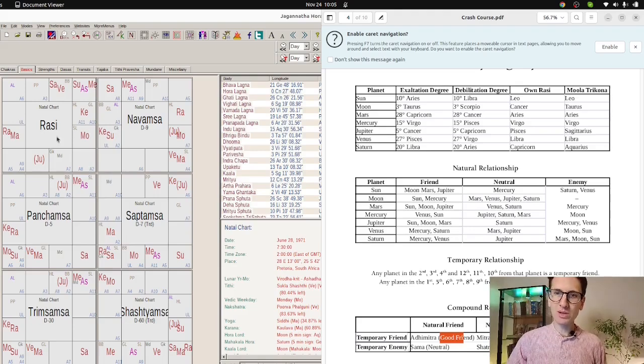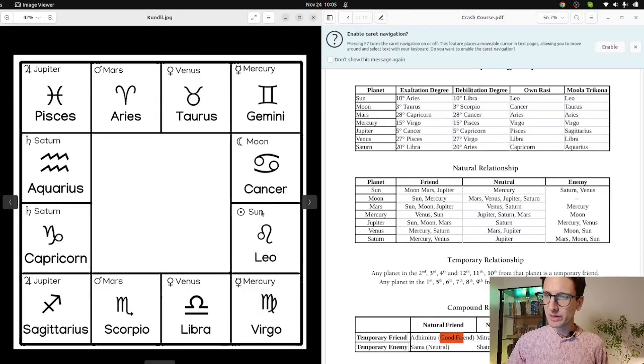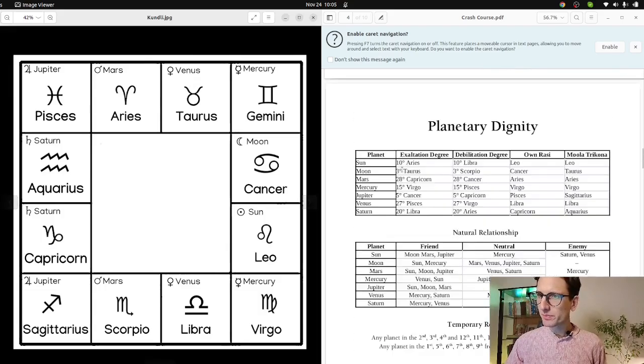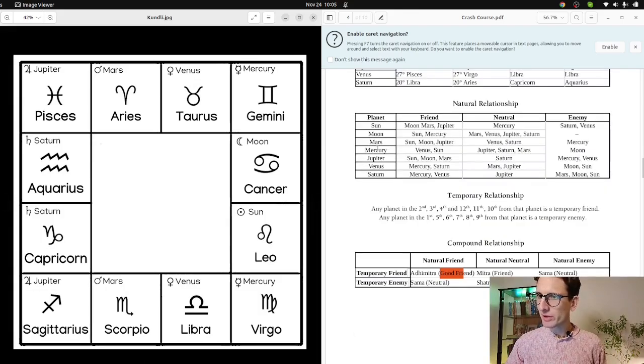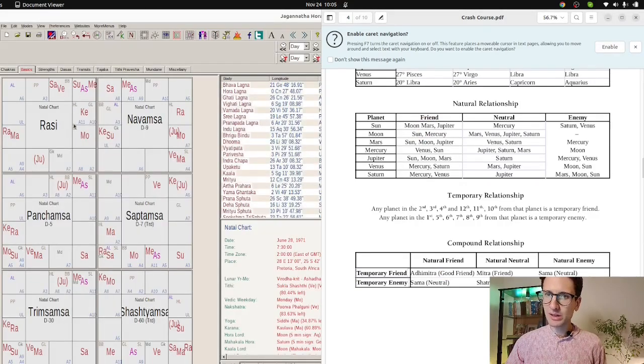Then the moon, let's look at the moon. The moon is in Leo. Leo is ruled by the sun. Moon considers the natural relationship. Moon considers the sun a friend, and the sun is placed in the 11th house from the moon.